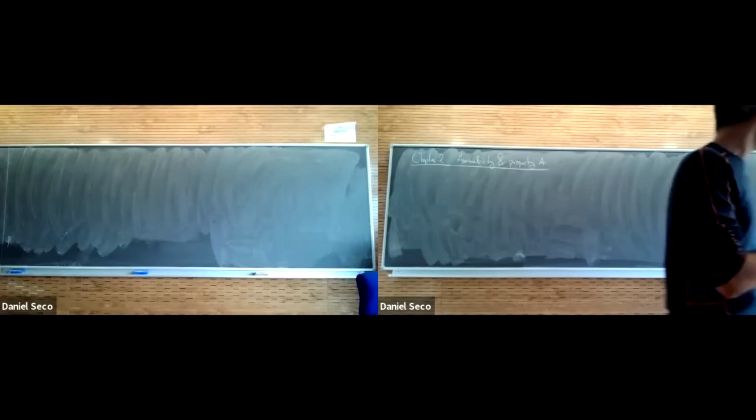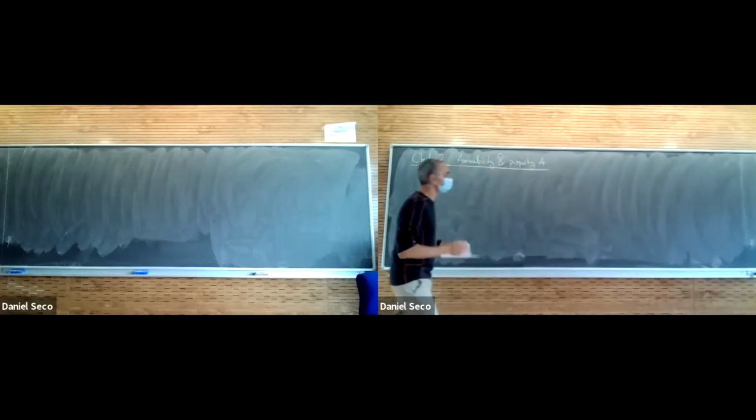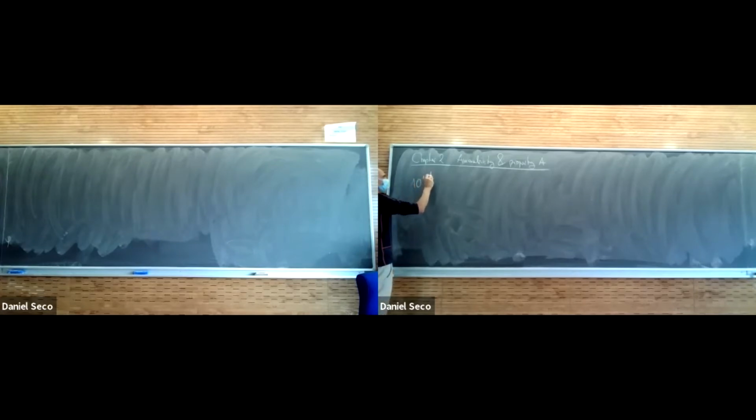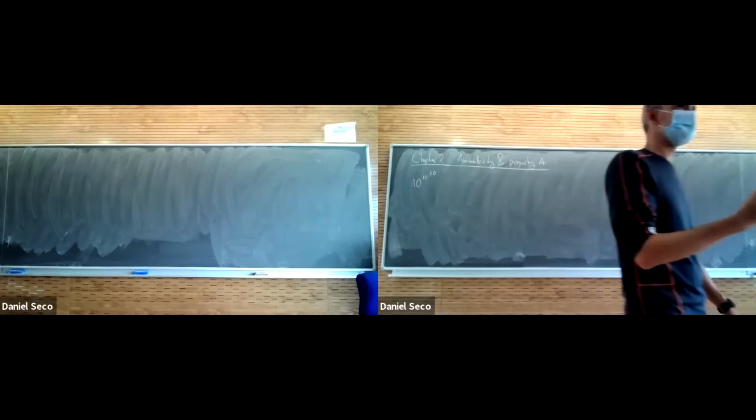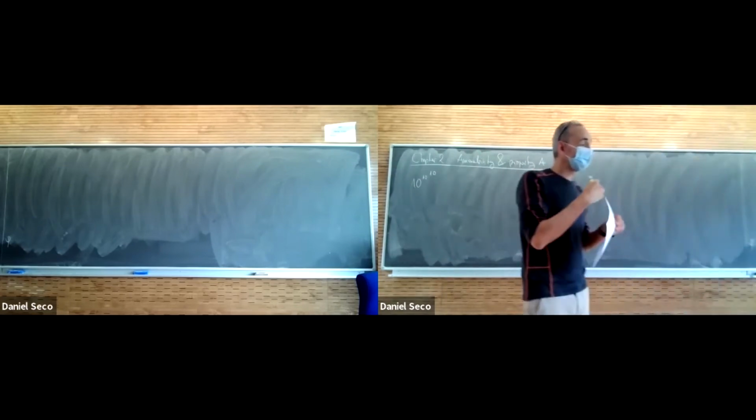The problem with amenability is, if you look at the book by Nate Brown and Narutaka Ozawa, it says that amenability has 10 to the 10 different characterizations. So I'm using one of these. And they are really huge.